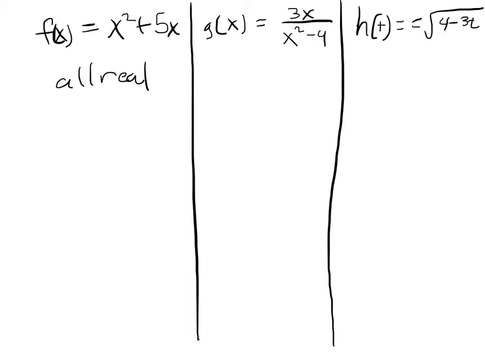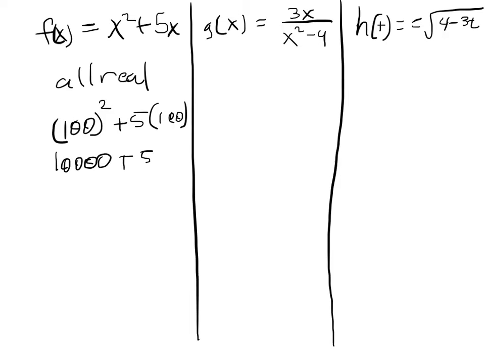Like if I plugged in 100 squared plus 5 times 100, I would get 10,000 plus 500, so I'd get 10,500. And if I plugged in negative 100, then the answer would end up being 9,500.